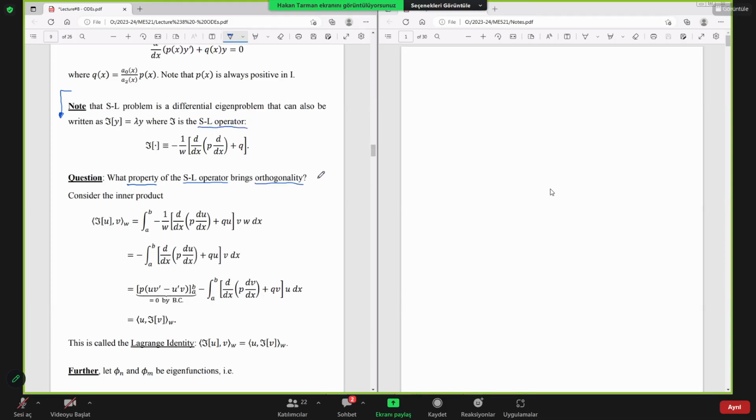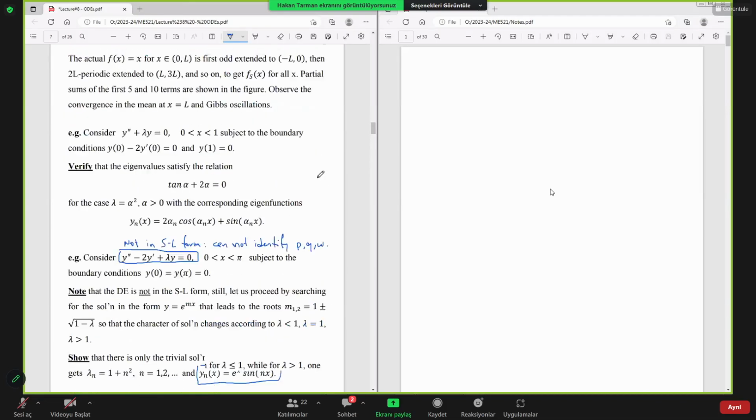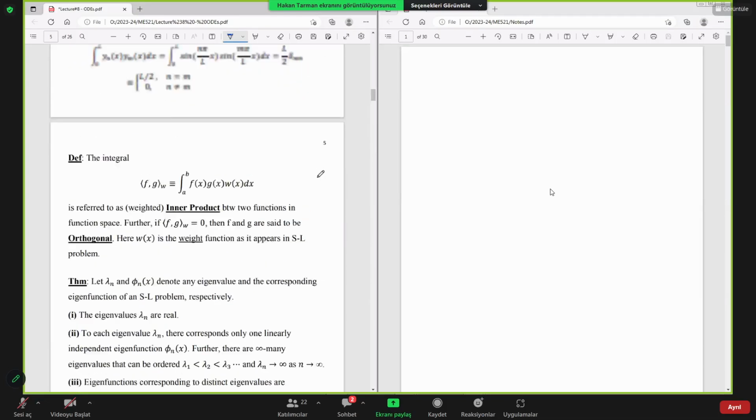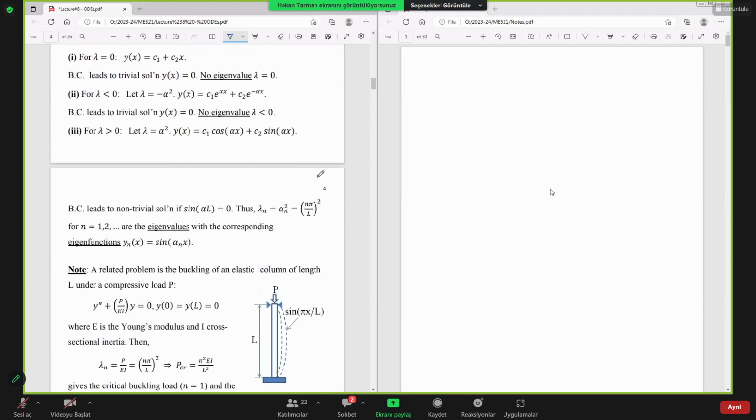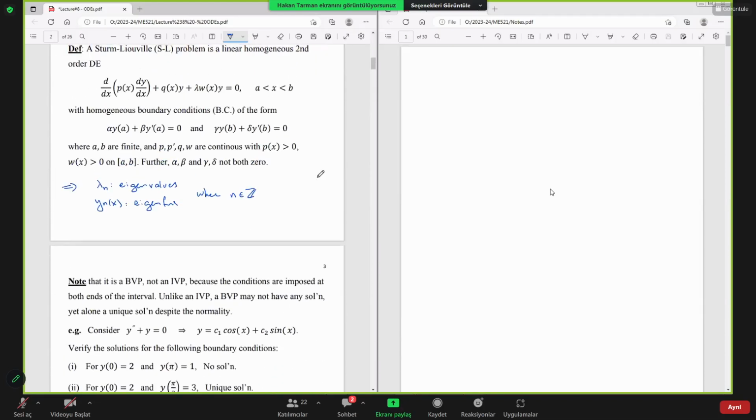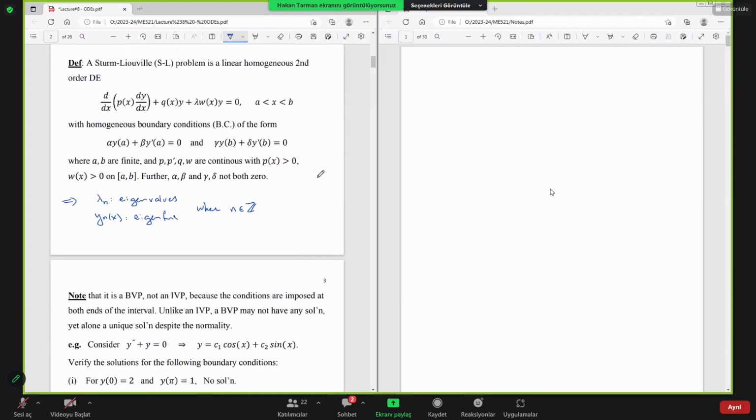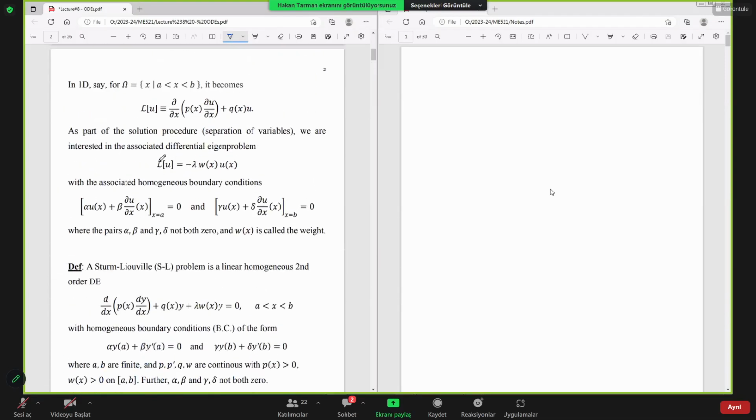Now, if you remember above, I used this form, which I used L for. Where was it? Here you go. You see, I use this as my operator, right? And now what I do is I just move this to the other side with a minus sign so that this becomes plus, okay?